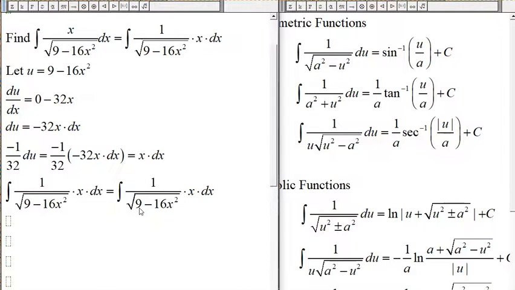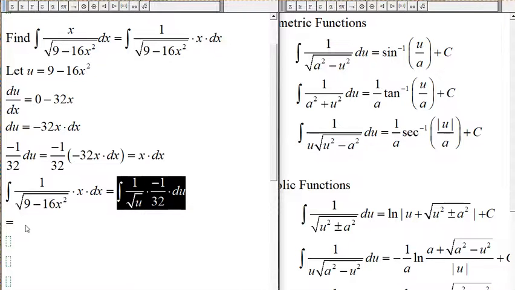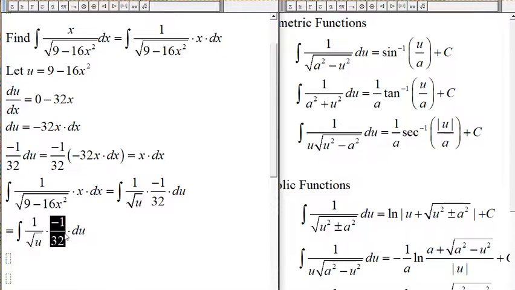So 9 minus 16x squared, that's just u. And then in the place of x dx, we have negative 1/32 du.